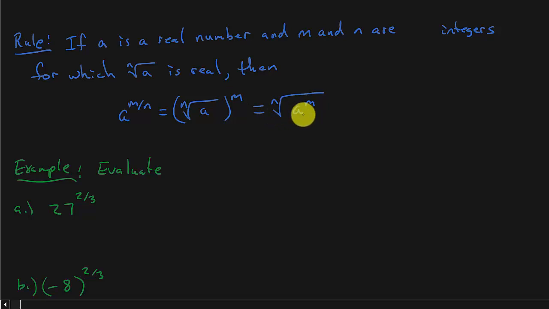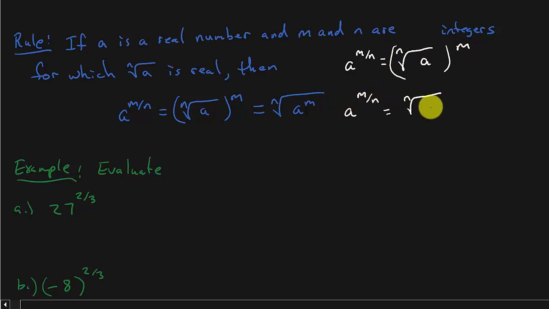So what this is doing is telling us how to go from exponential form to radical form. You see two different things here, and both of these are true.